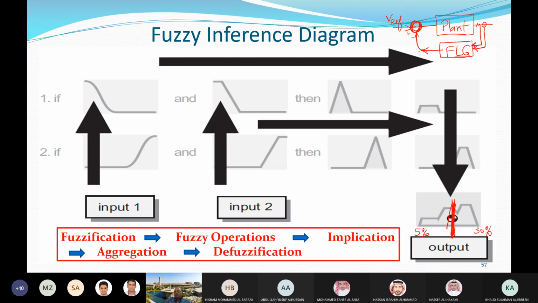This is the output here. Yes. You decrease it by 10%, you increase it by 5%. After defuzzification, you will get 5%, 10% decrease, increase, and so on. So if the reference is equal to, for example, 100, in this case, you increase it to this or decrease it to this, and so on. So this is where the output will go. Okay. That is very clear. Thank you, Doctor.